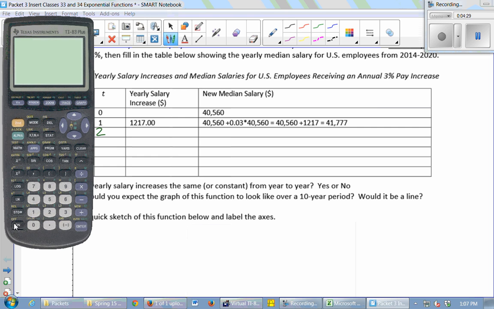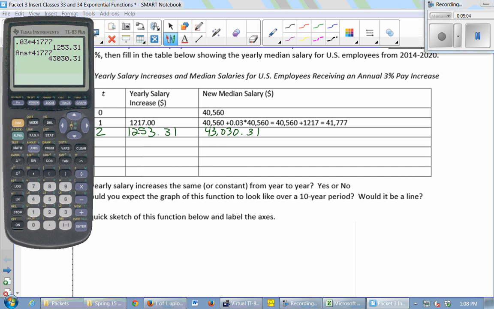Okay, so I'm going to take 3% of 41,777. So 0.03 times 41,777. And that's $1,253.31 is the amount of the raise. And then you have to add that to your 41,777, the previous year's salary, and we're now at $43,030.31.